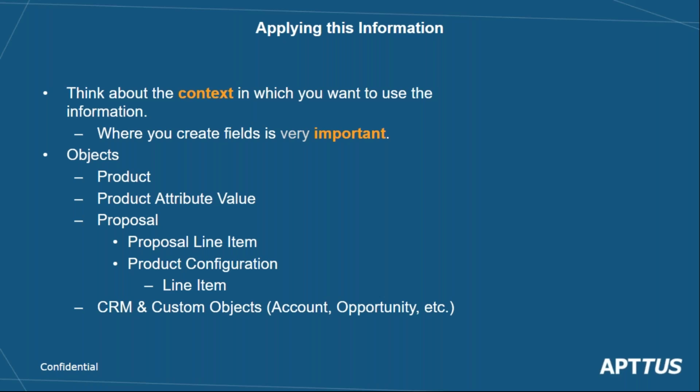And then we have also CRM objects and custom objects like account and opportunity. So if there's any field which the customer says should only be at the opportunity or account, then we can create them there, because sometimes the fields on account and opportunity are important. So that is also something that we can do.